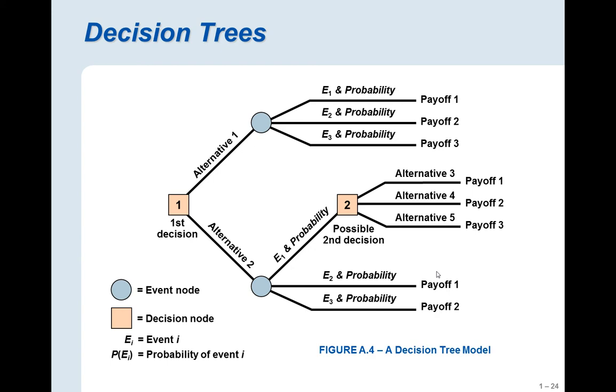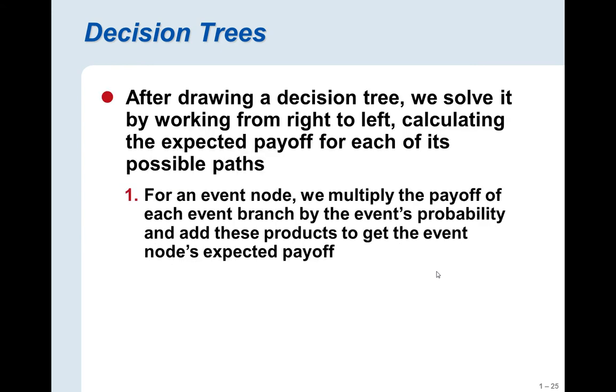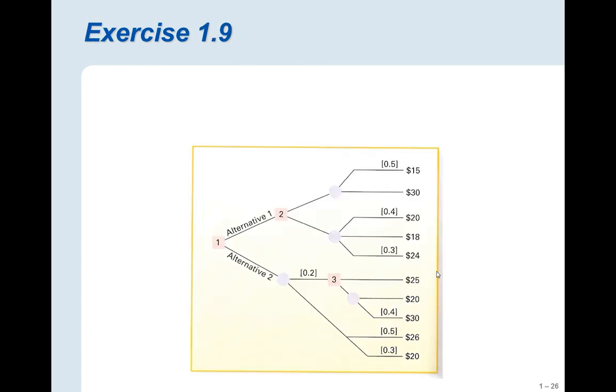Each event must have a probability of that event happening. Another rule is that all probabilities of events must add up to 100% or 1.